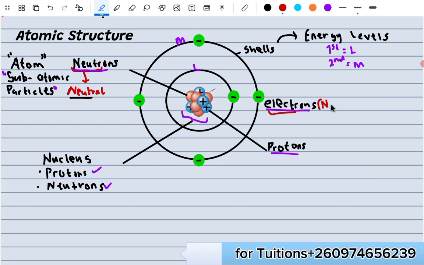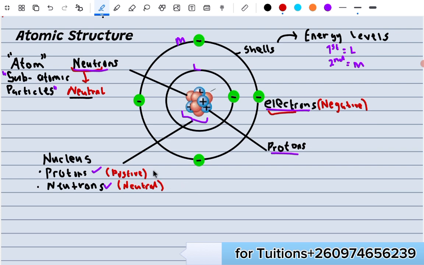But these are positively charged. But these, like I said, neutrons, are neutral. They have no charge at all.